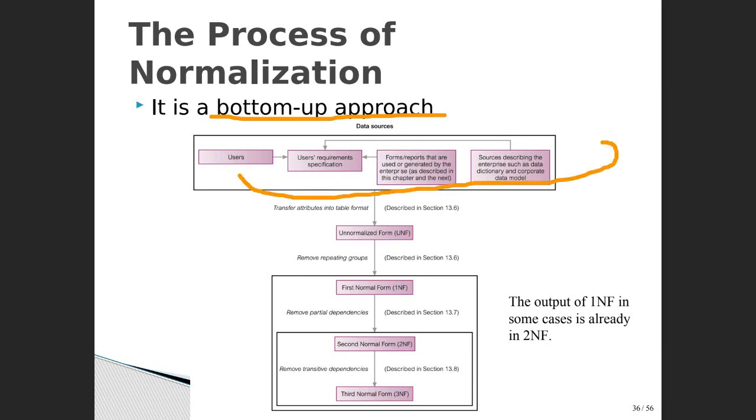Then this diagram summarizes the whole process. This is very useful for you. Now after knowing the user requirements, you can have the data source, for example, from the organization or the enterprise, and then you can convert it to an unnormalized form or UNF. So this is the first process.